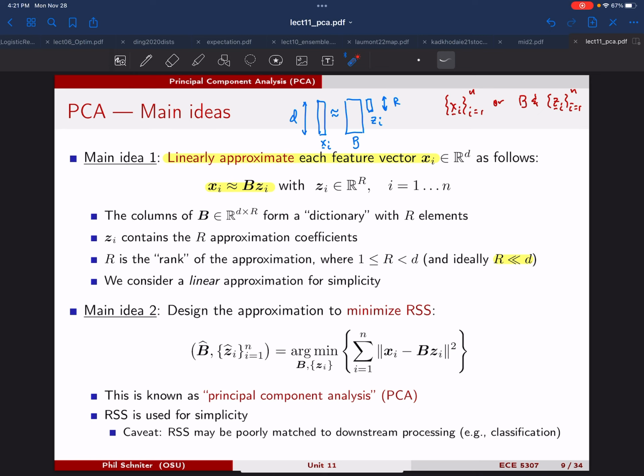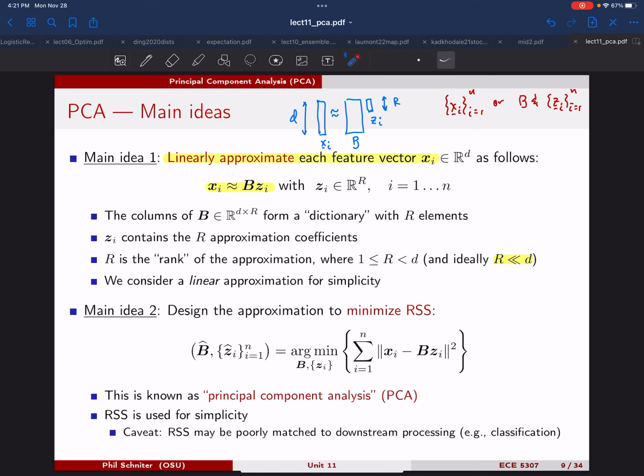At the other extreme, if you choose R equals D, then one choice is just to choose the identity matrix here, and then you're doing no compression at all. So that would be kind of silly too, because the whole point is to do some amount of compression. So generally speaking, R is going to be a number that hopefully is much smaller than the original feature dimension D, but is large enough that we get a good approximation.